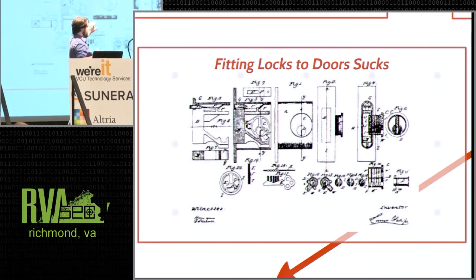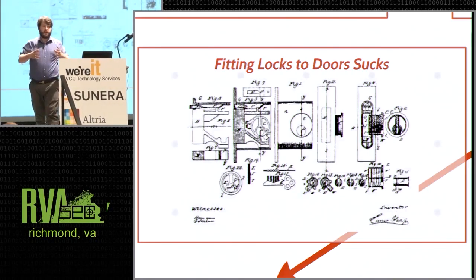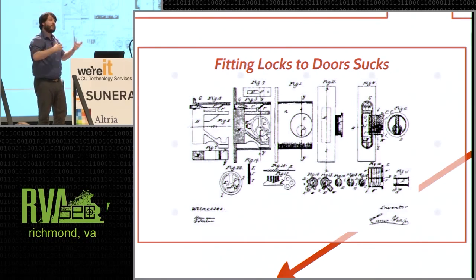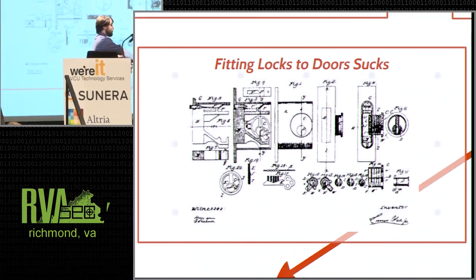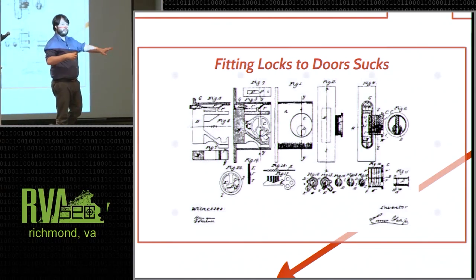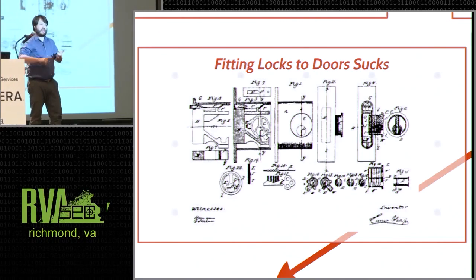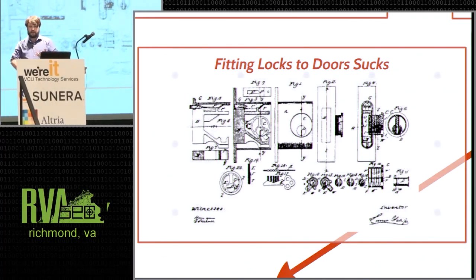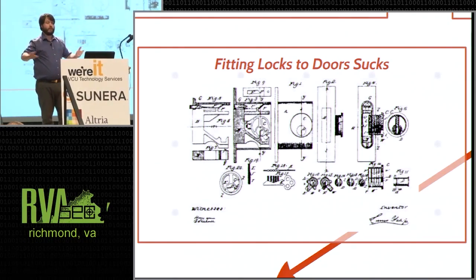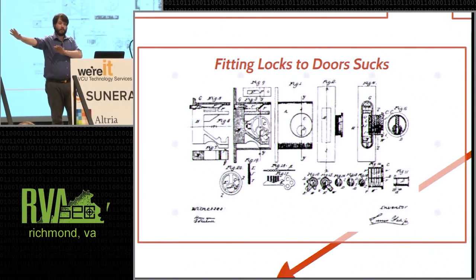While the Mesopotamians, Egyptians, and Turks realized that separating out the bolt from the locking mechanism, putting the locking mechanism elsewhere but still letting it play directly on the bolt, was cool, what Linus Yale Jr. realized was that if we separate the lock entirely from the bolt, the key is no longer acting directly on the bolt, the key is acting only on the locks, and we can manufacture these locks en masse, and we'll leave it up to the door people to figure out how to get them in their doors.